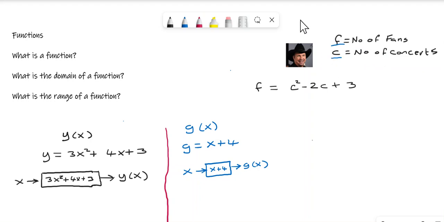So what we can do then is come up with a mathematical expression that looks something like this. F, the number of fans, is going to be equal to c squared, where c is the concerts, minus 2 times c plus 3. And what we can do then is work out the number of concerts that he plays.